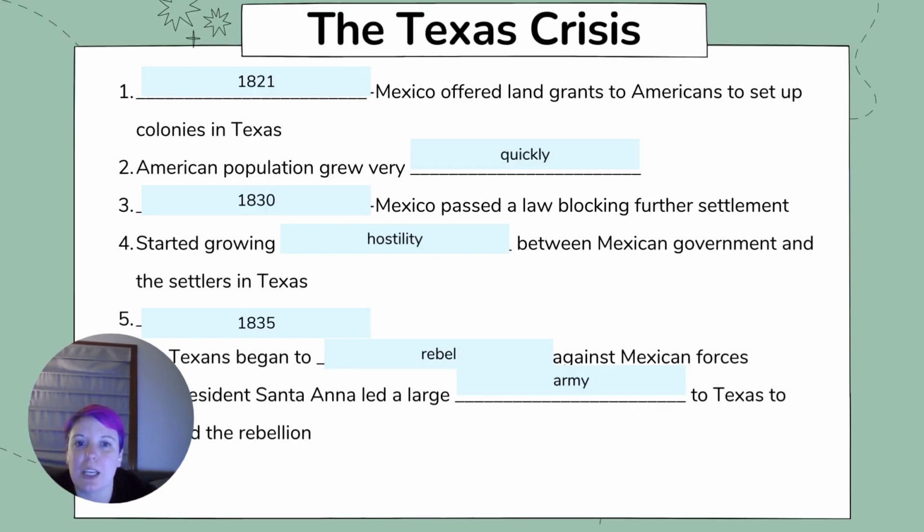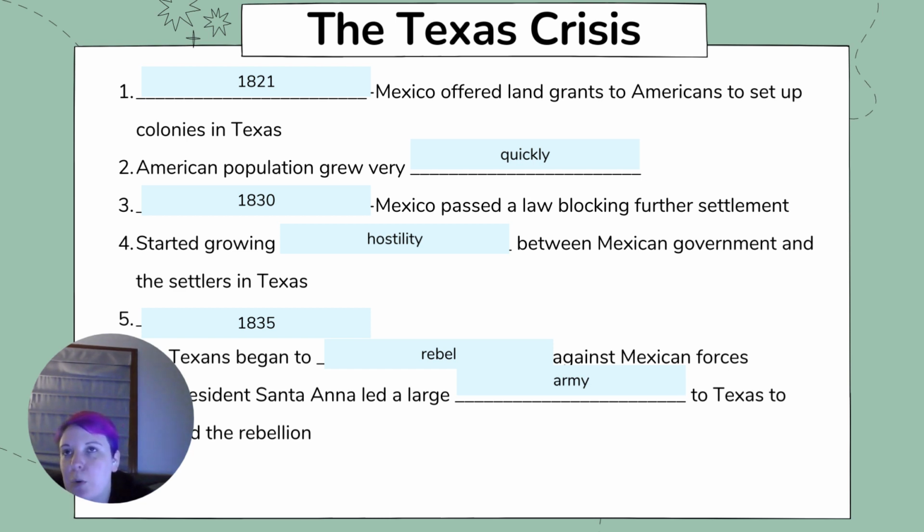So when Santa Anna became president of Mexico, the country included land from present-day Texas to California and north to Utah. This territory soon faced a crisis. To encourage new settlers in the area of Texas, Mexico offered land grants to Americans to set up colonies there, and they had begun arriving in 1821.